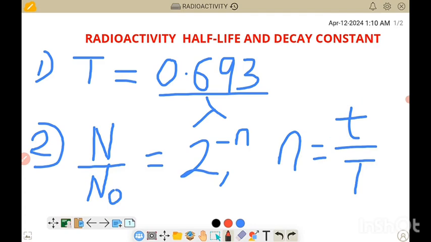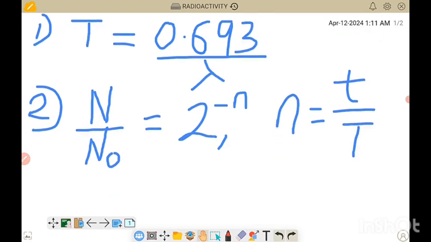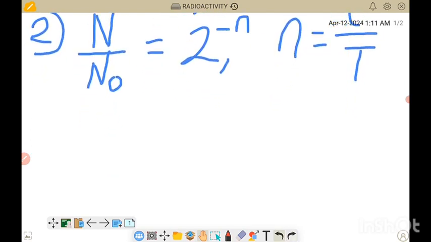Now I will just add one more formula and we go straight to calculation. The third formula we are considering, number 3, is similar to number 2 but a bit different.